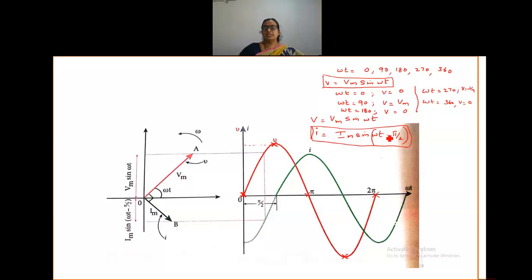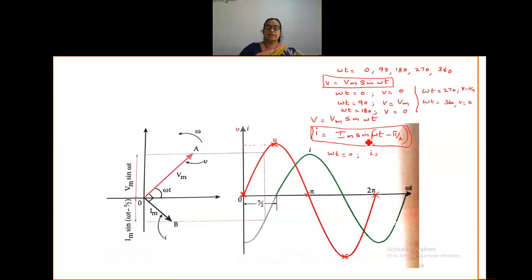Let me explain this better. Substituting omega t equal to 0, we get 0 minus pi by 2. Pi by 2 is 90, so 0 minus 90 is minus 90.